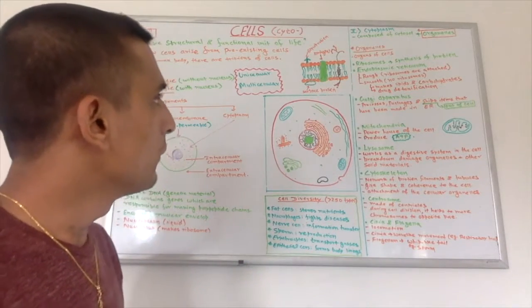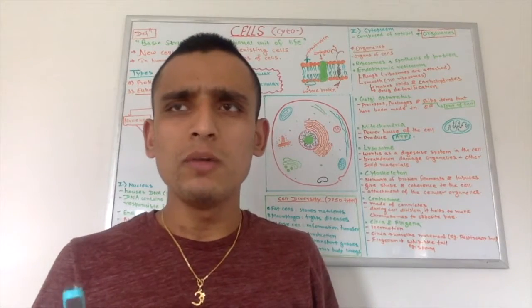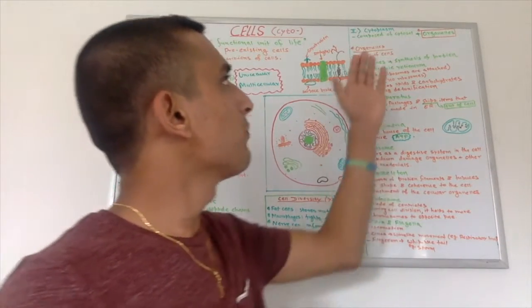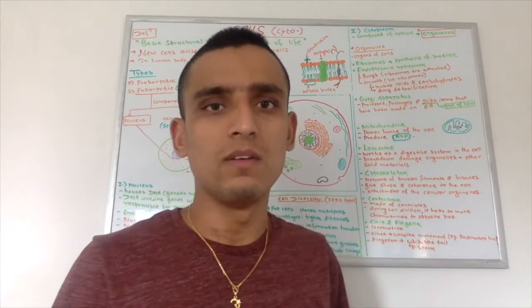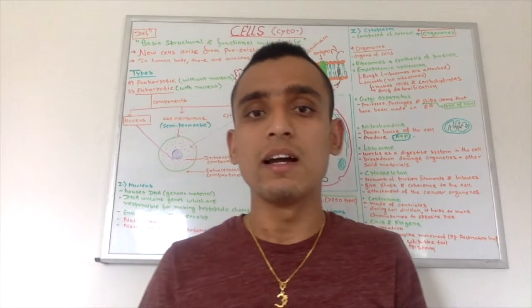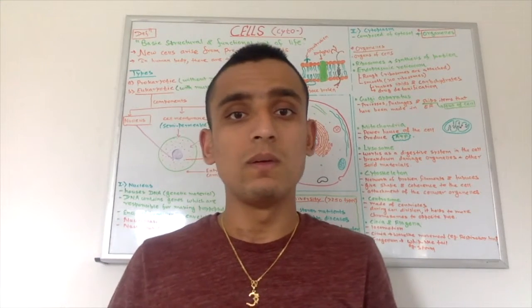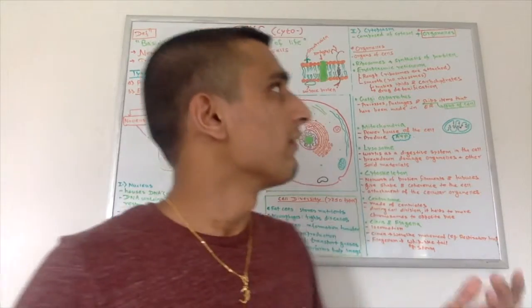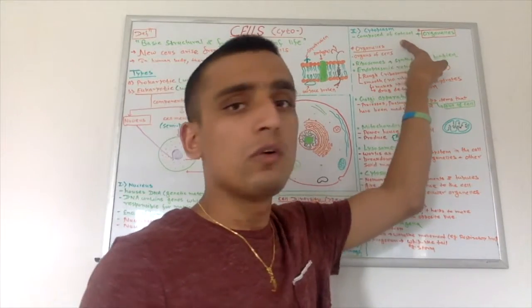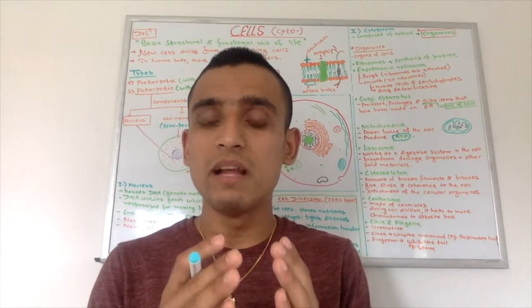Now let me tell you about the cytoplasm. What do you think about the cytoplasm? Cytoplasm is composed of cytosol plus cellular organelles like mitochondria. You have centrioles, a vacuole, and other types of organelles. The cytosol is the fluid inside the cell membrane.